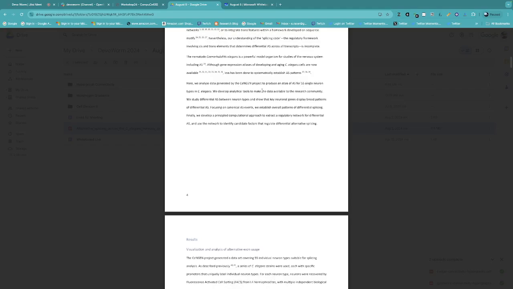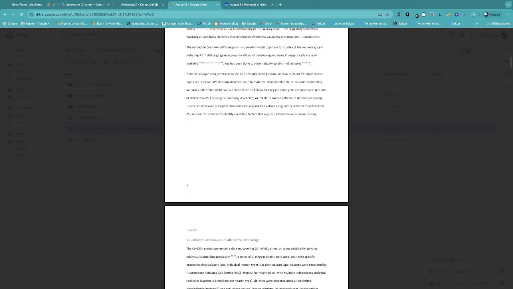They developed analytical tools to make the study of this easier, and they study differential alternative splicings between neuron types. Their data is shown as the differential presence of different alternative splicings between neuron types, so these alternative splicings are present in these cells, but not these cells.